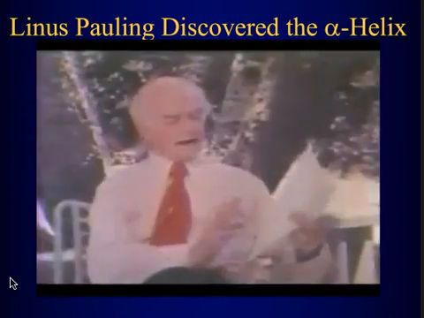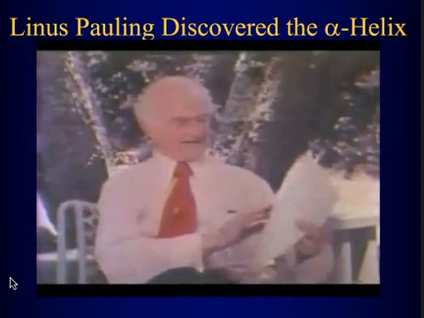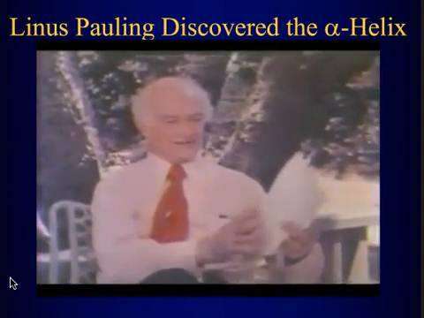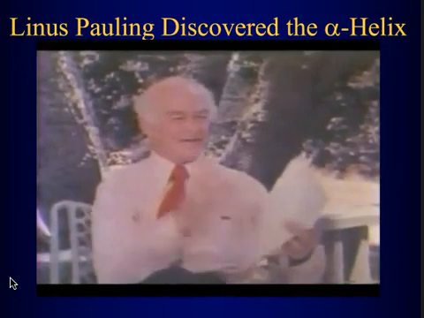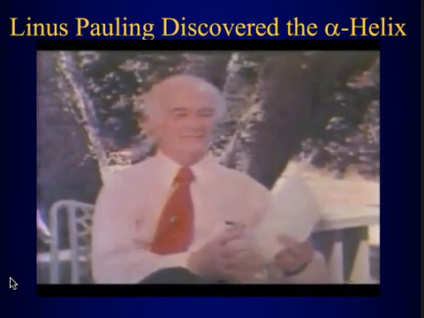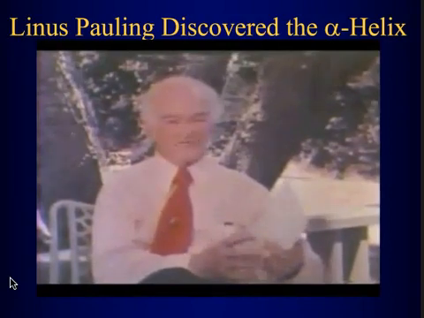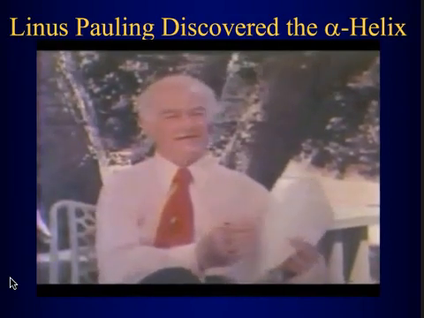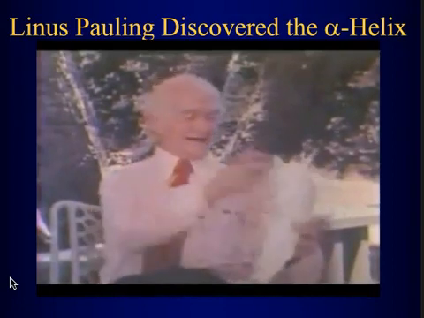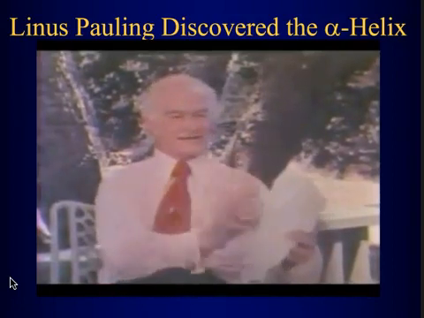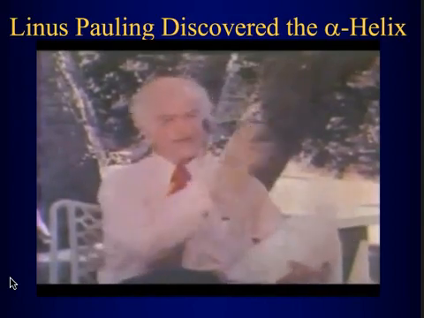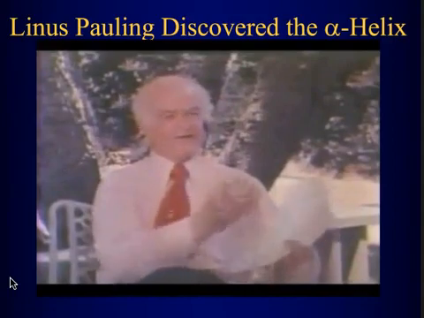I found that this structure, which turned out, of course, to be the structure of hair and horn and fingernail and muscle, and also present in myoglobin and hemoglobin and other globular proteins, a structure named the alpha helix, had 3 6/10 residues per turn of the helix.